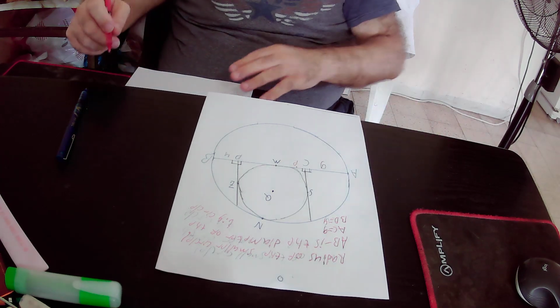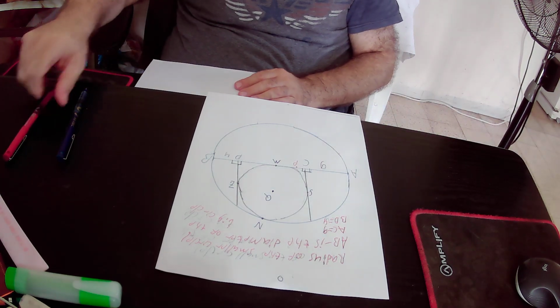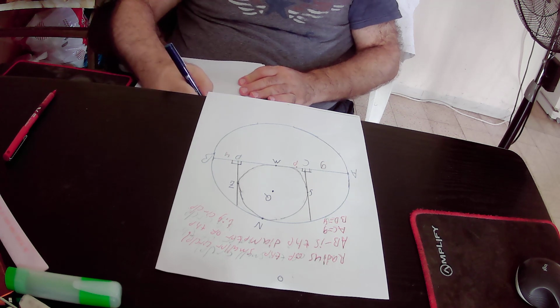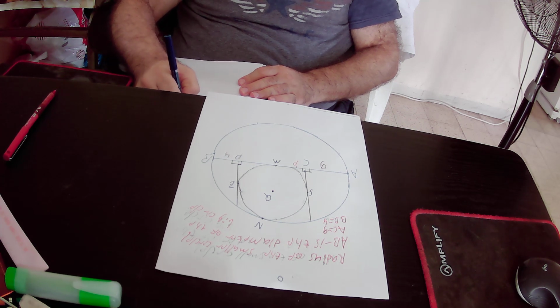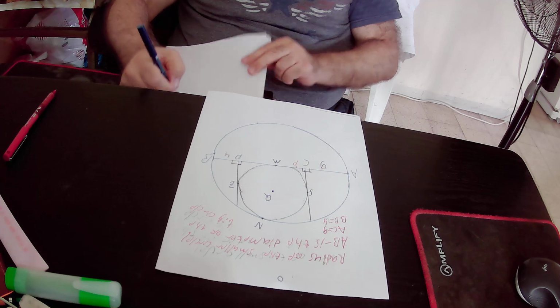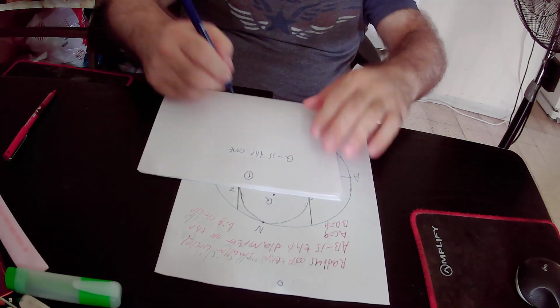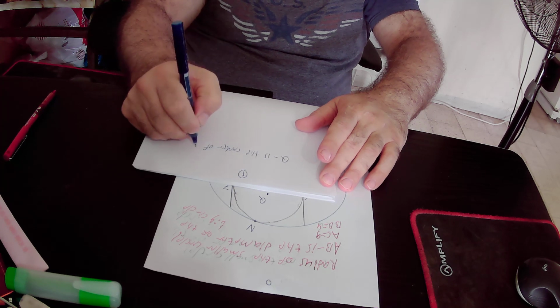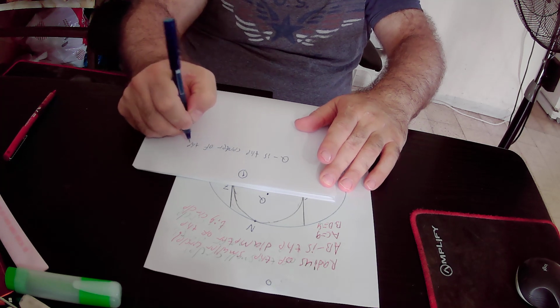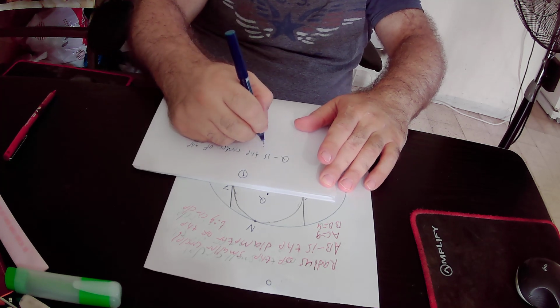Okay, so I will write it down. Q is the center of the small circle.